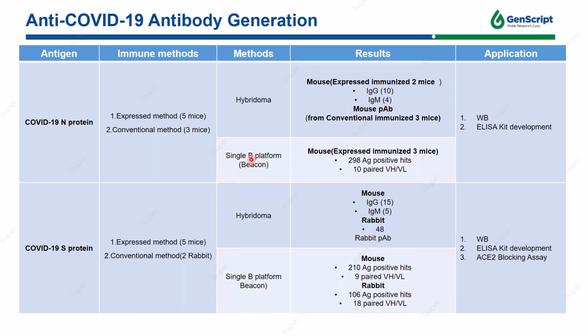We have both the Hybridoma platform, and we got the cell line from the Beacon. We got the antibody sequence. We also have the rabbit antibodies with higher affinity. They can be used for WB, ELISA kit development and ACE2 blocking assay.